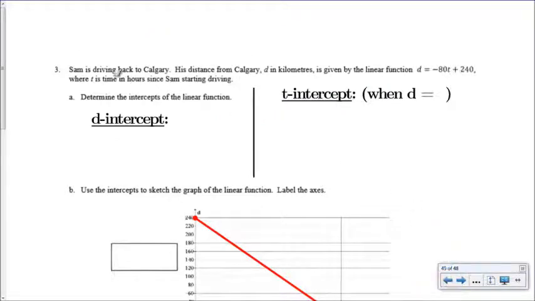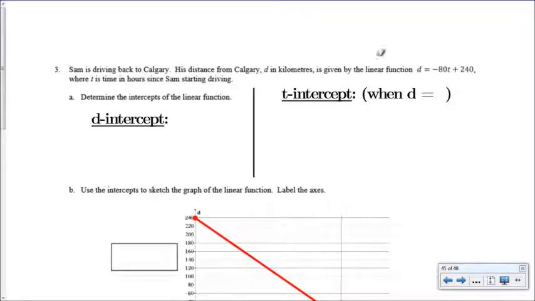Okay. So next, Sam is driving back to Calgary. His distance from Calgary is given by the linear function d equals -80t plus 240, where t is in hours since Sam started driving.